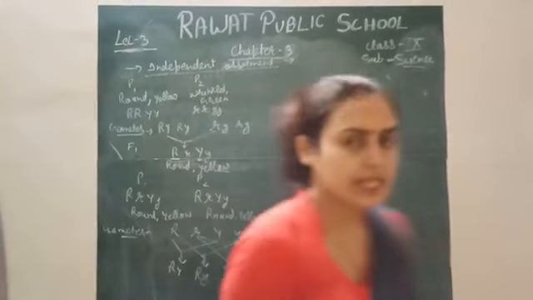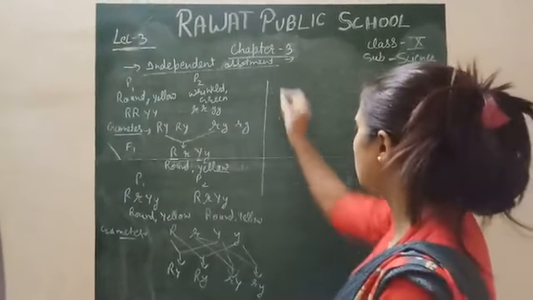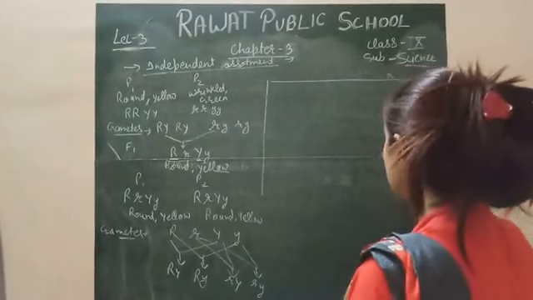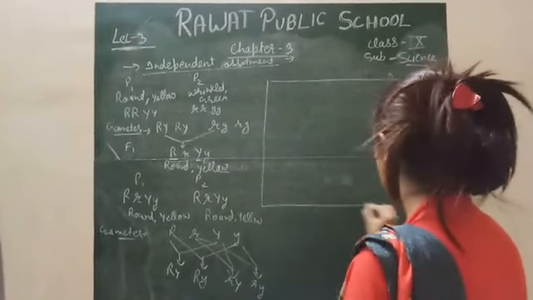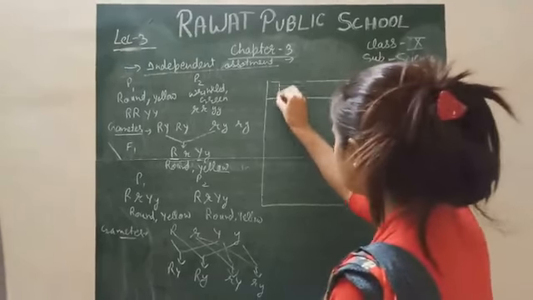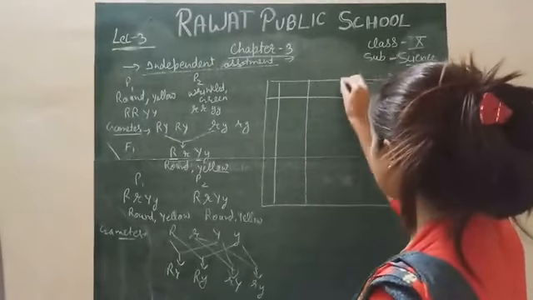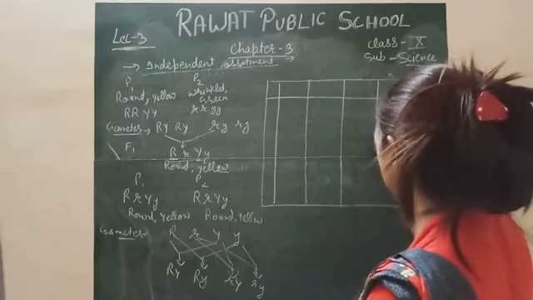So, for making the cross easy, we will make a box called a Punnett square. This is our Punnett square, right?